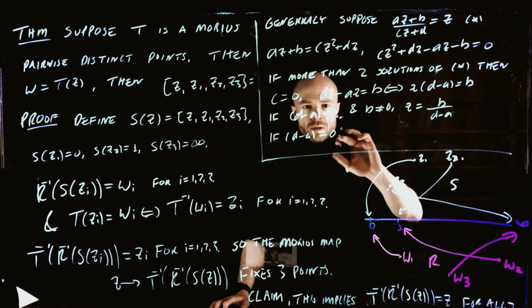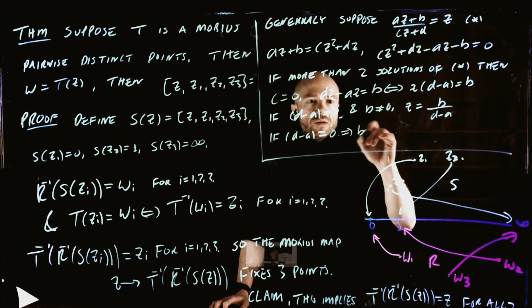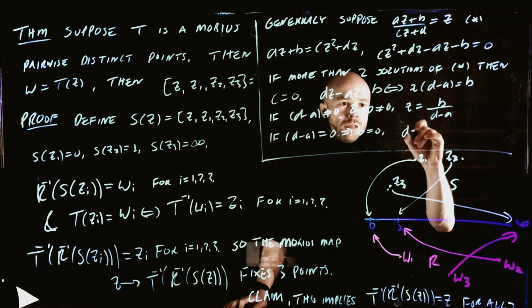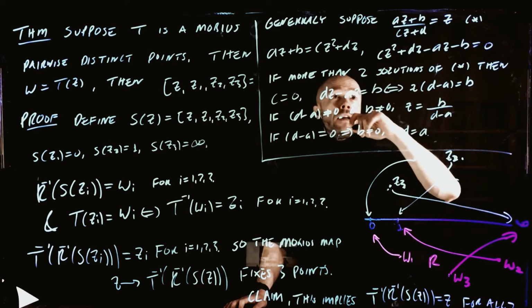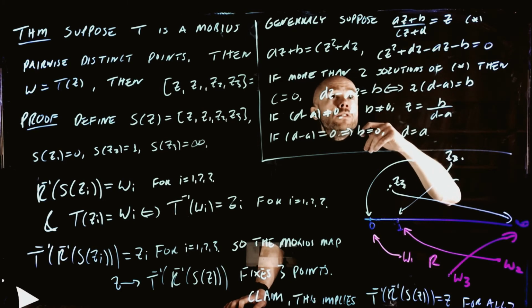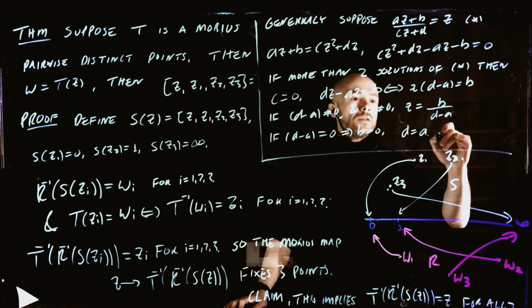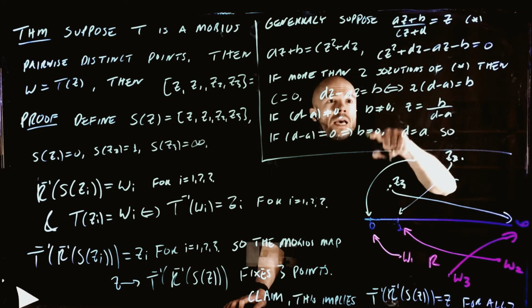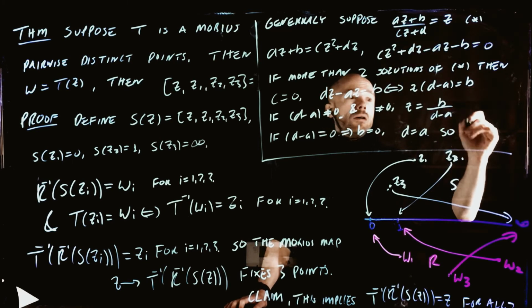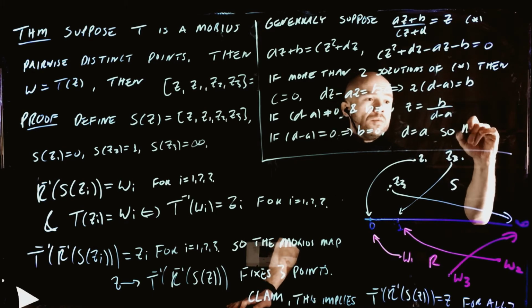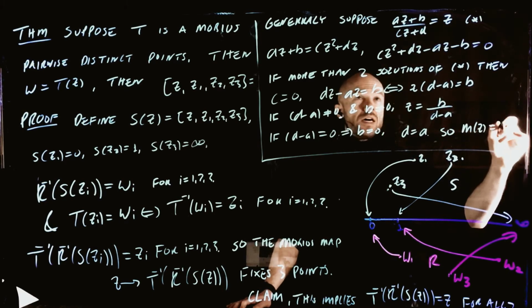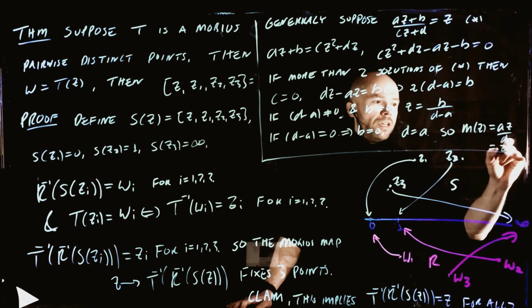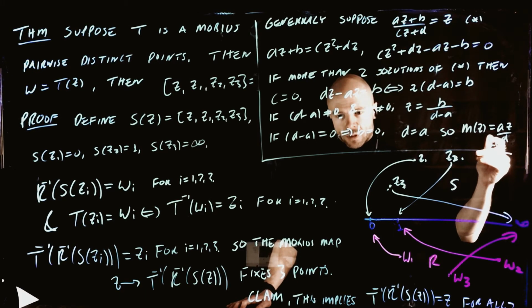That implies b equals 0, but then we get a is equal to d, and then our entire Mobius transform, we're going to have b is 0 and c is 0, so the Mobius transform M of z just becomes az over d, which is just equal to z. It just becomes the identity mapping.